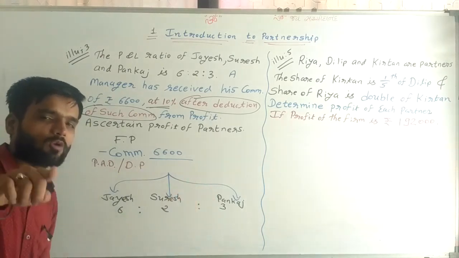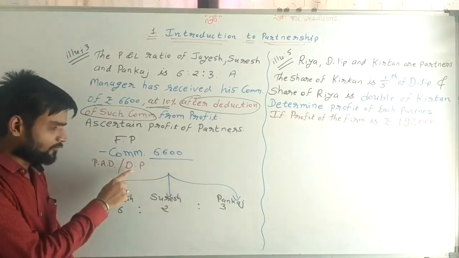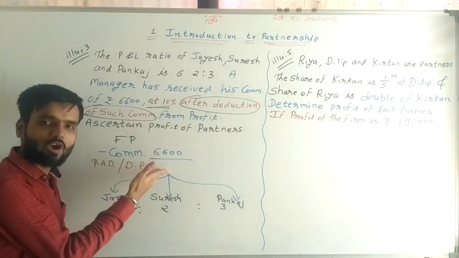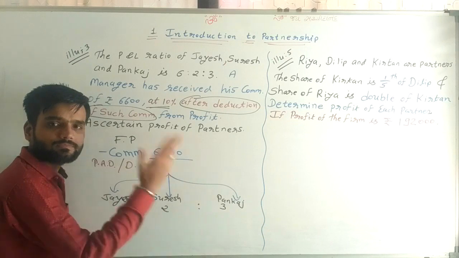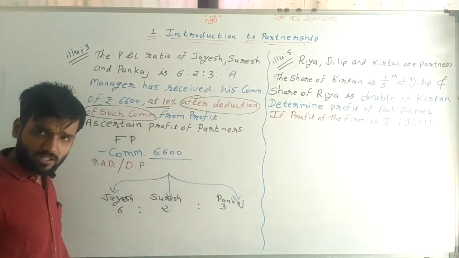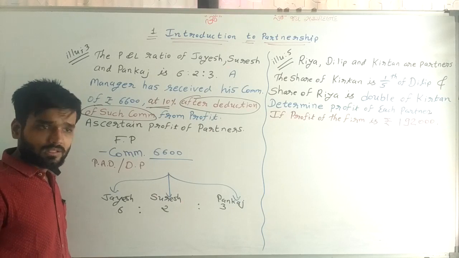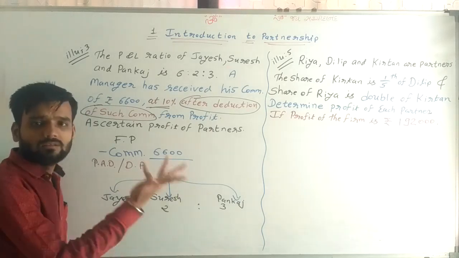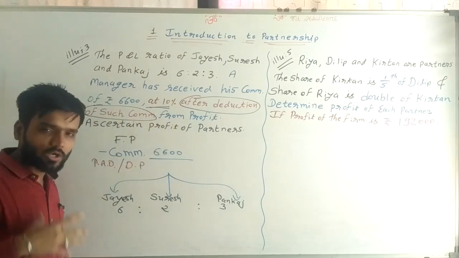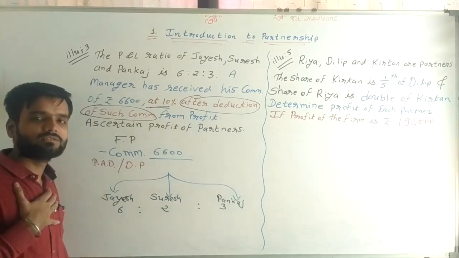Now how can we find the profit of partners? If we have a divisible profit, then we distribute that profit among the partners, and then we will get the profit of partners. But for that, what is my first step? What do we need?